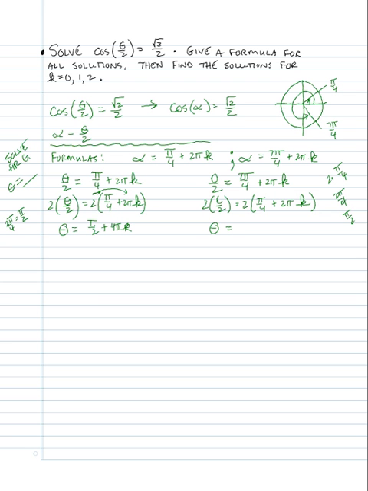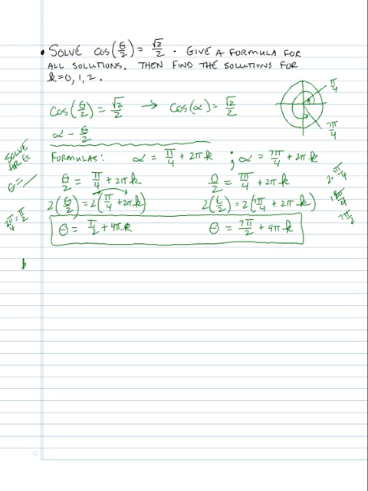Whoops, except that was a 7 pi over 4. That's my bad. I couldn't read my own writing. So it's 2 times 7 pi over 4, which ends up being 14 pi over 4, but that reduces to 7 pi over 2. So when I do that first multiplication, I get 7 pi divided by 2, and then 2 times 2 pi k is 4 pi k. So there are my two formulas.